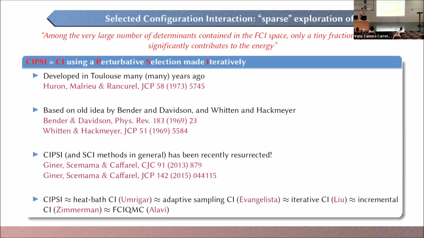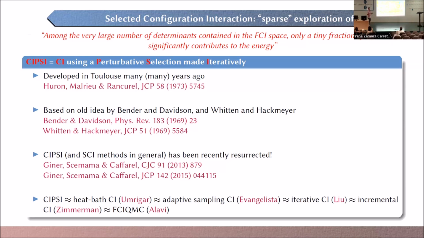So another way of doing things, and that's the way I'm going to focus on today, is using selected CI. The main idea is to say there is a huge number of determinants in the Hilbert space, but when you look at them one by one, you quickly realize that most of them do not contribute much to the energy, or they do not contribute at all.